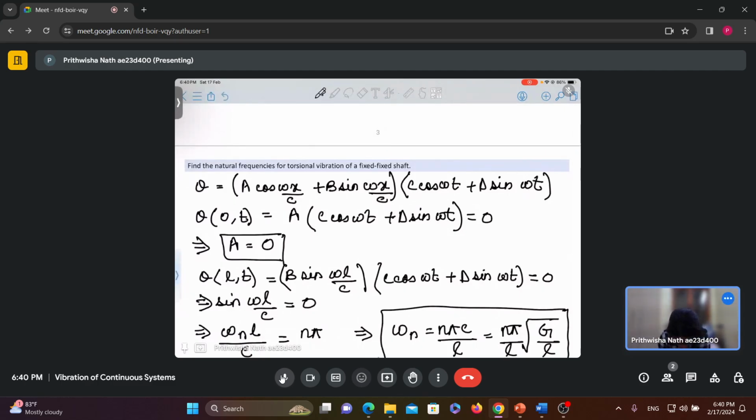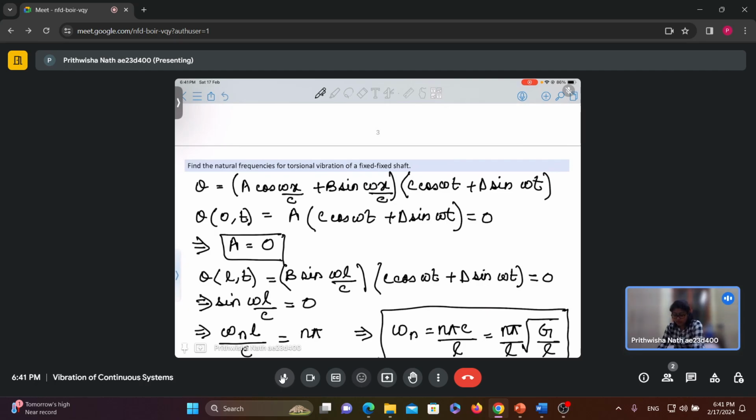We know that theta can be written like this: theta equals (A cos(omega x by C) plus B sin(omega x by C)) multiplied by (C cos omega t plus D sin omega t).